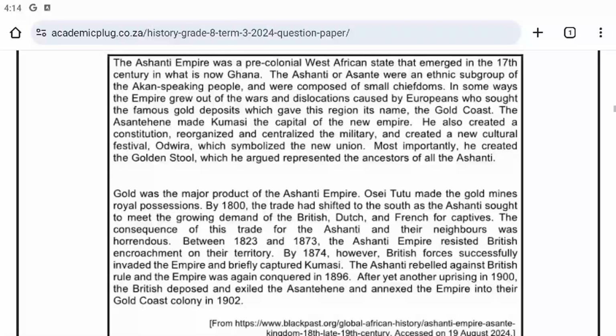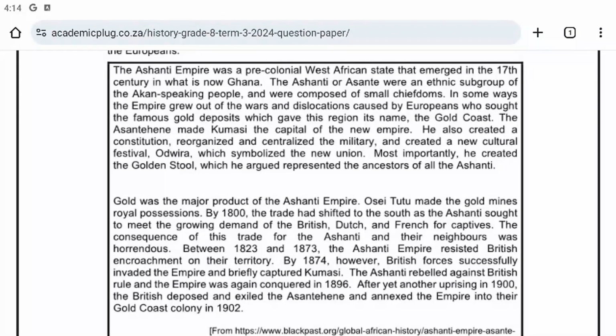It says the Ashanti Empire was a pre-colonial West African state that emerged in the 17th century in what is now Ghana. The Ashanti or Asante were an ethnic group of the Akan-speaking people and were composed of small chiefdoms. In some ways, the empire grew out of the wars and dislocations caused by Europeans who sought the famous gold deposits, which gave this region its name, the Gold Coast.